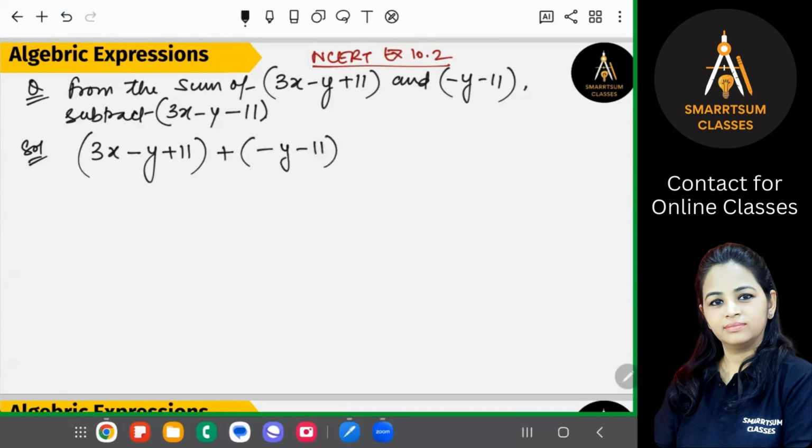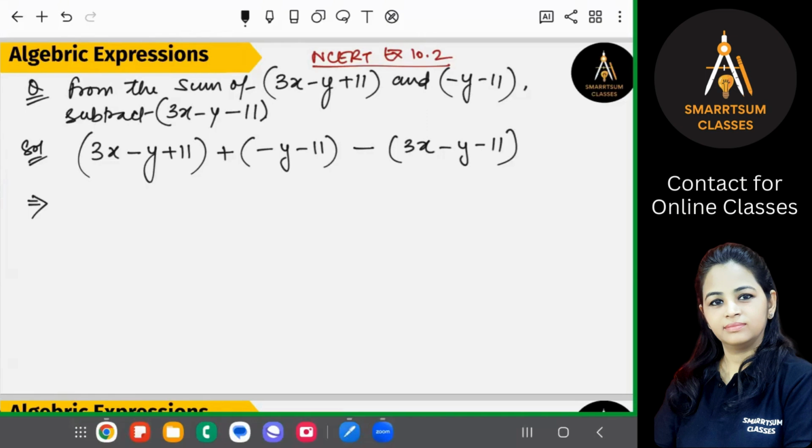Now from the sum of this, we have to subtract the third one, that is 3x minus y minus 11. So we have written this together in one expression. Now we can solve it together. What is the significance of using the horizontal method? That we can do this all together.